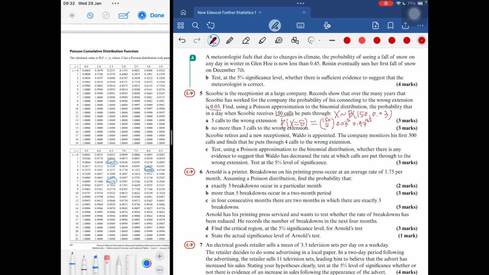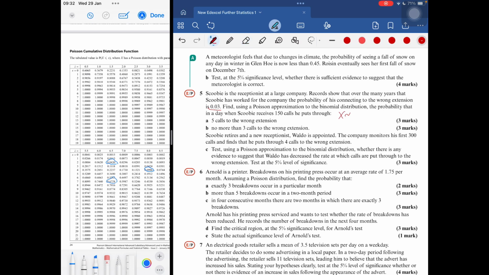And number B. Just what I'm confused about is, do I need to use a Poisson or binomial? Because here it says using a Poisson approximation. So let me use the Poisson approximation then.